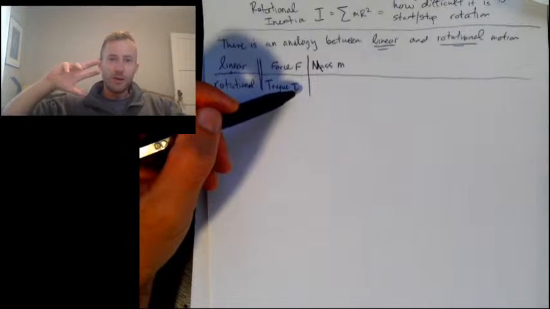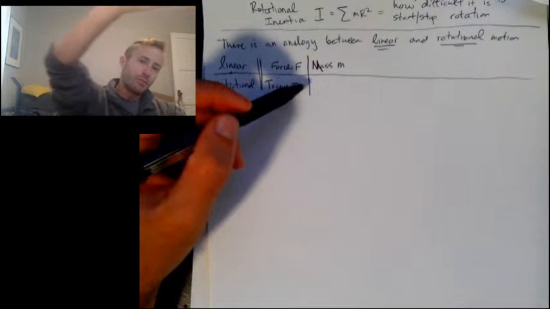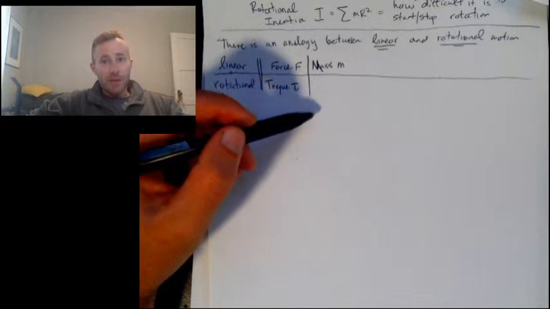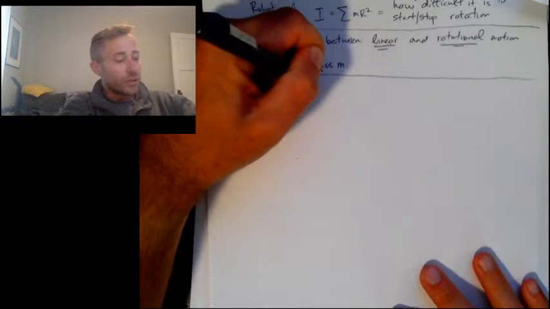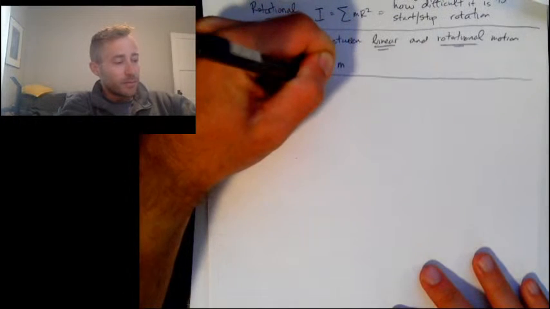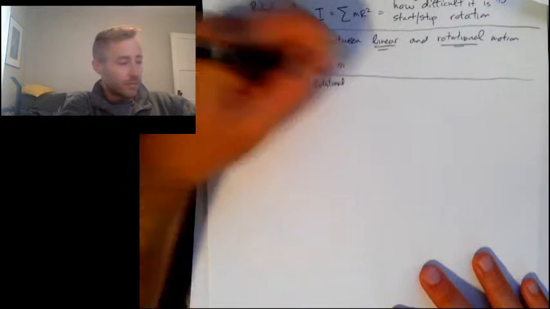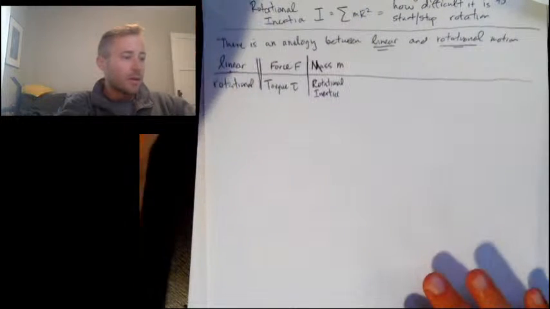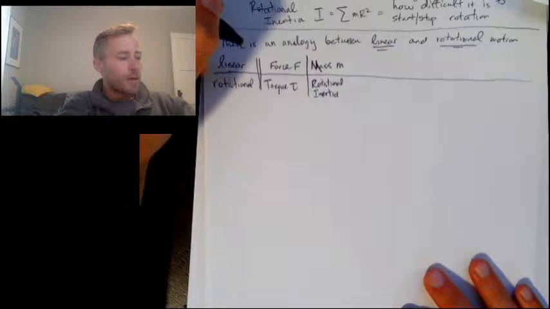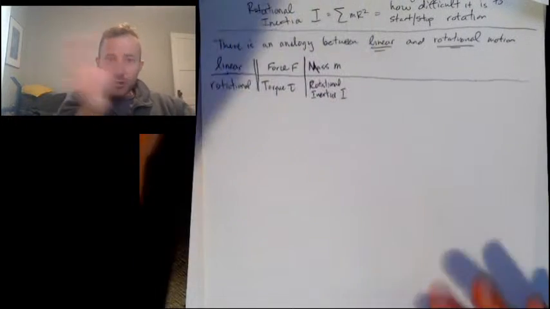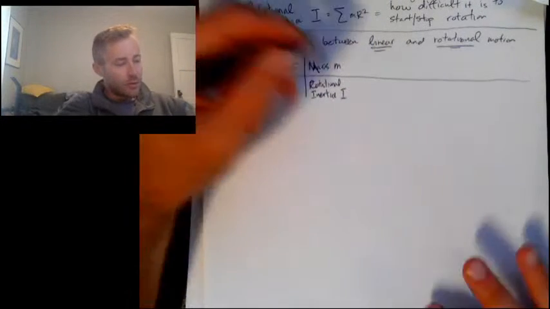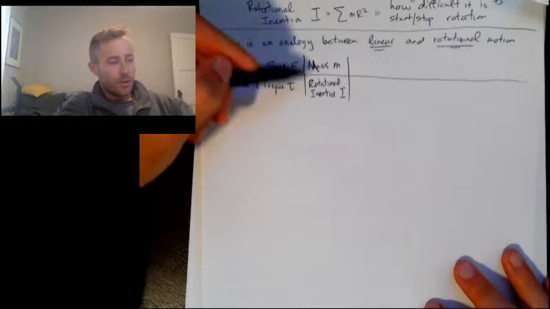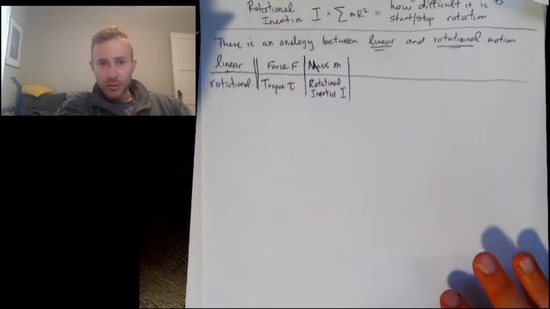Things that are very massive are difficult to push from point A to point B. Things that have a lot of rotational inertia are difficult to twist. So there's this analogy: force is analogous to torque, and mass is analogous to rotational inertia.